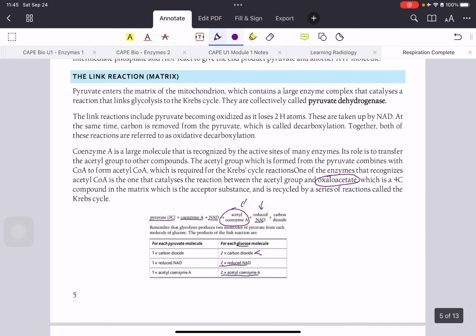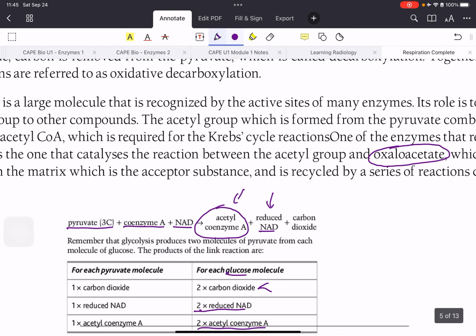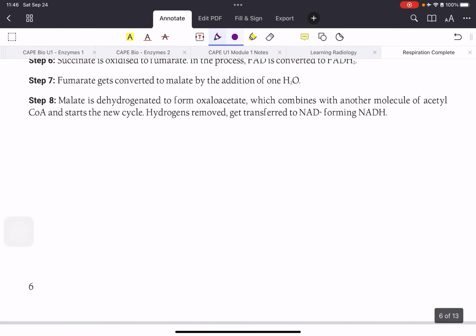Pyruvate was decarboxylated, meaning it lost a carbon, and it lost it via carbon dioxide. And it was also dehydrogenated because an NAD became reduced. Reduced NAD is also called NADH, as in it accepted a hydrogen. So the pyruvate was dehydrogenated, meaning it lost a hydrogen, and decarboxylated, meaning it lost a carbon.